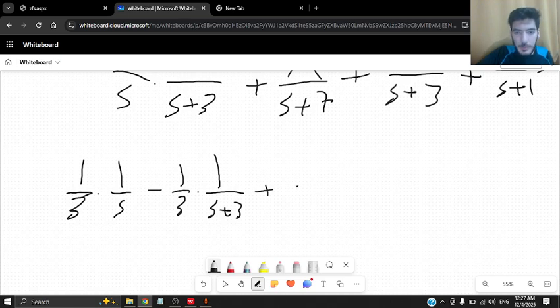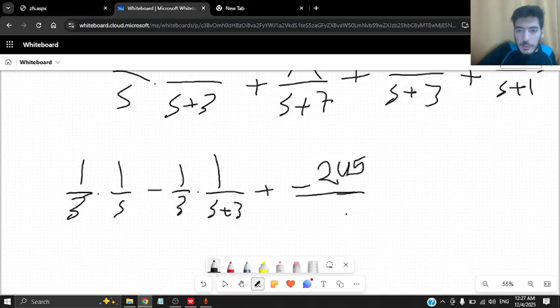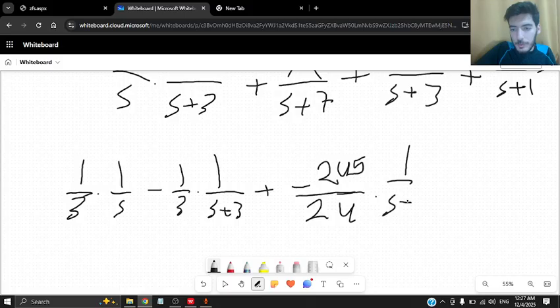So for A it will be minus 245 divided by 24, then multiplied by 1 over S plus 7.